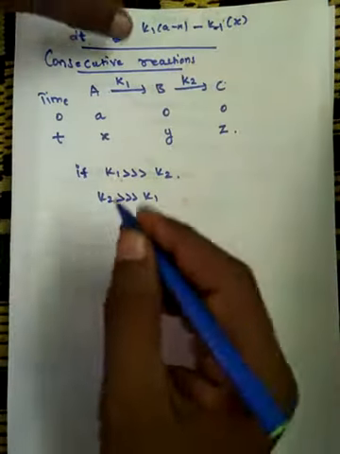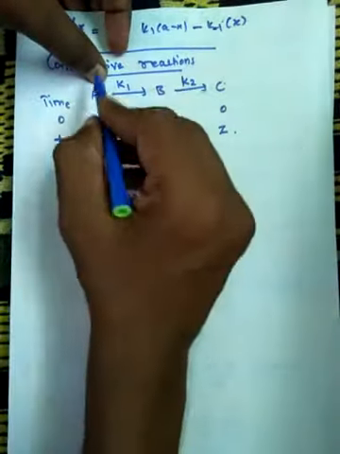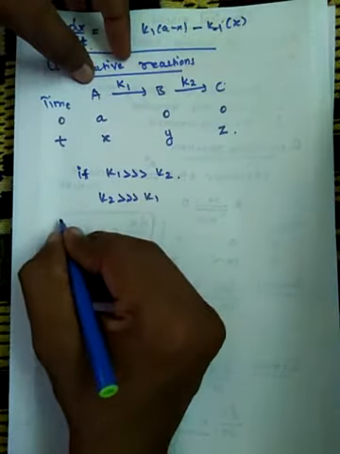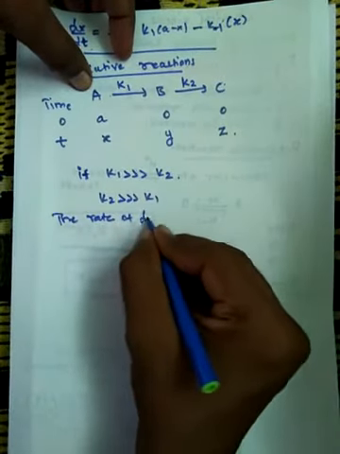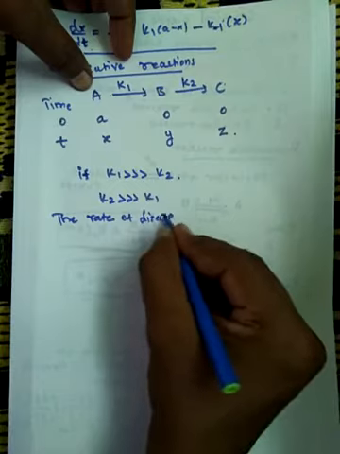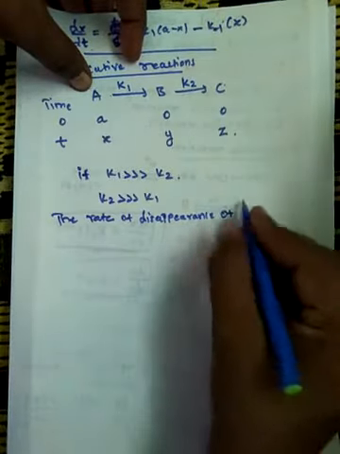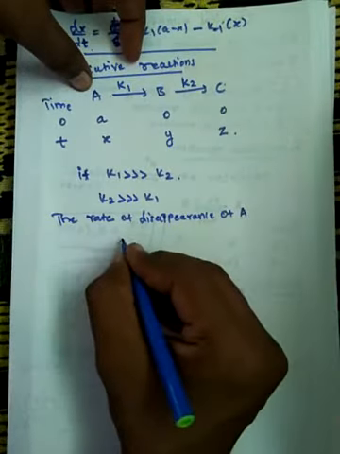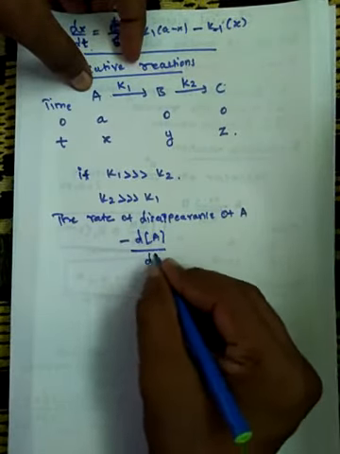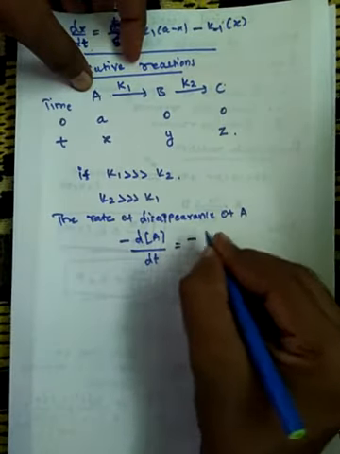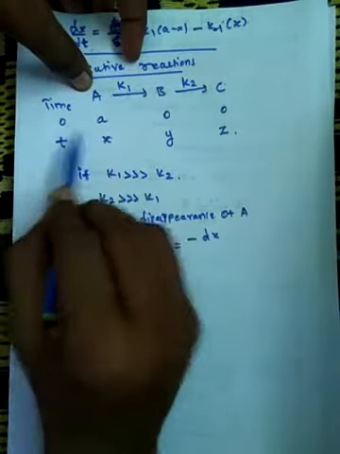Okay, let me write the rate of the first step, or the rate of disappearance of A, again in terms of A: minus dA by dt is equal to minus dx by dt, because the concentration of A at time t is x.